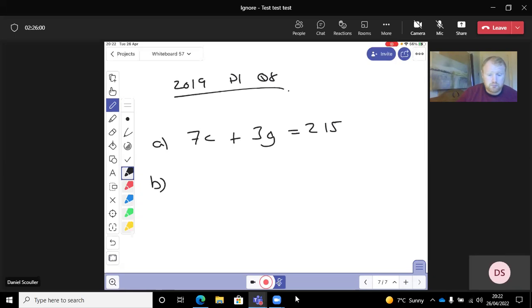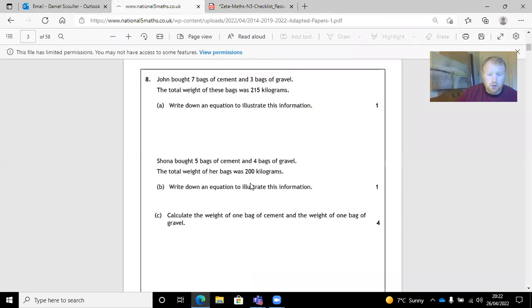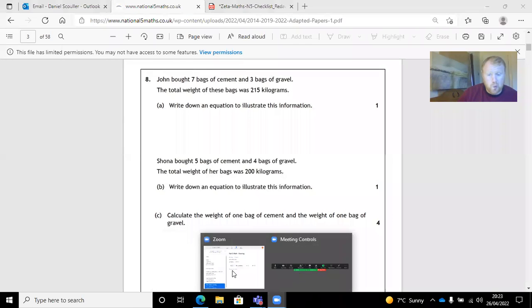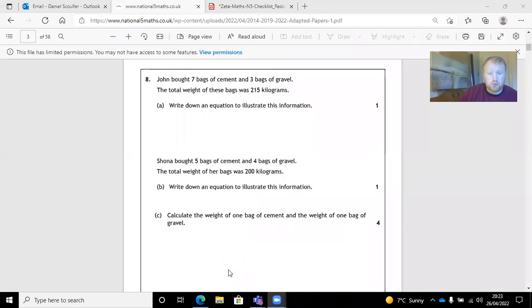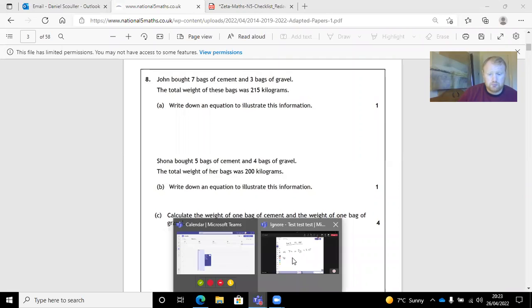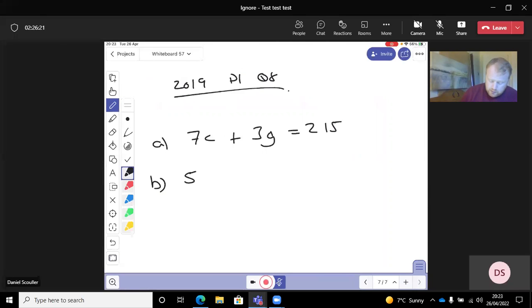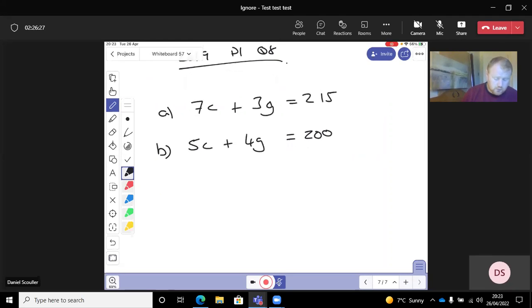B, looking down for an equation or an expression for this: 5 bags of cement plus 4 bags of gravel equals 200. So 5C plus 4G equals 200.